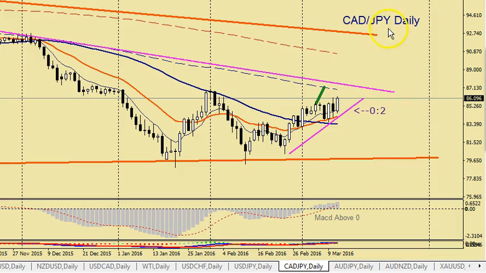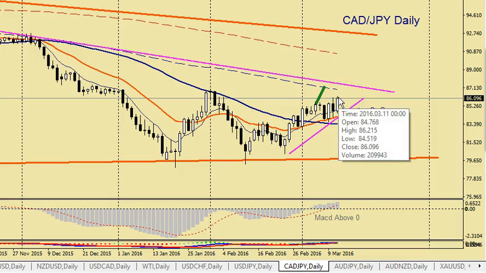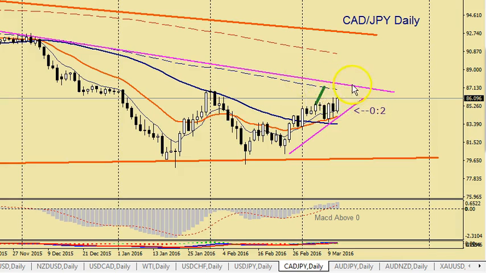Okay, so Canadian Japanese yen daily, and you can see it looks like price is heading higher. This is an engulfing candle. This was the close on Friday, so you could probably take a buy trade right now, and the price will go up to at least the 100 moving average, probably higher to at least the trend line, somewhere in that area, and make sure you take your profits off the table once it gets there.